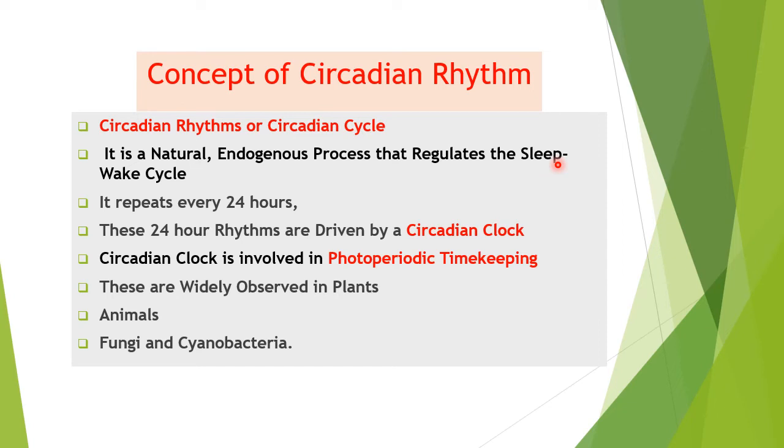So there is always a circadian rhythm, day and night rhythms. It repeats every 24 hours. These 24-hour rhythms are driven by a circadian clock. The circadian clock is involved in photoperiodic timekeeping. These are widely observed in plants, animals, fungi, and cyanobacteria.